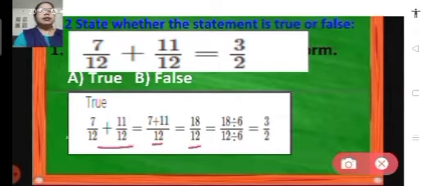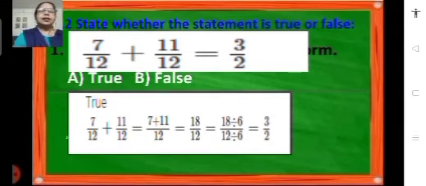And we know that 18 upon 12 is not in its simplest form. So when we divide both the numerator and the denominator by their HCF, which is 6, we get 3 upon 2, isn't it? So 3 upon 2 is the correct answer. That means this statement is true. Alright, so option A is the correct answer.